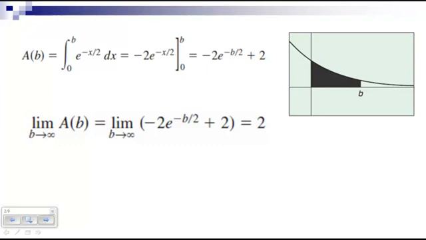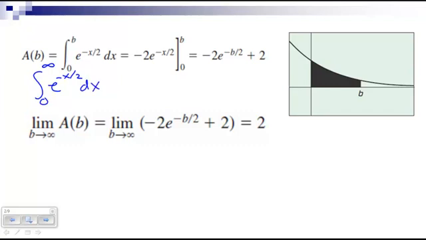Now, the name of this section happens to be improper integrals. Let me explain why we say some of this stuff is improper. This idea, the area under this curve from 0 to infinity, could be written as the integral from 0 to infinity of e to the negative x over 2 dx.